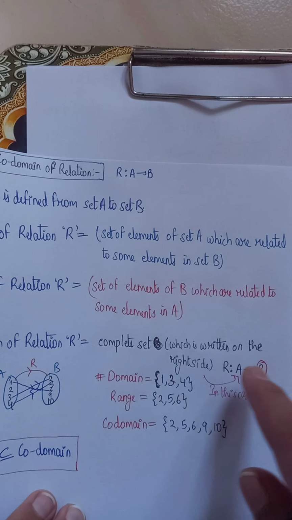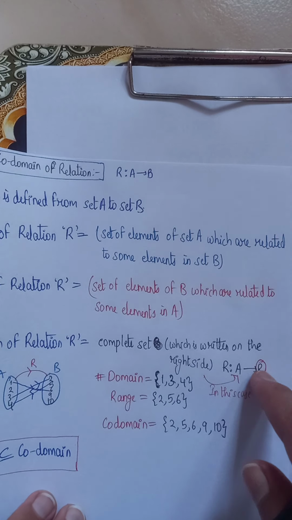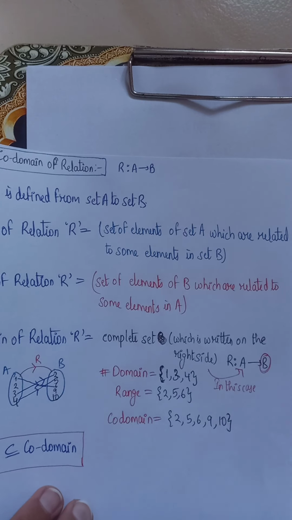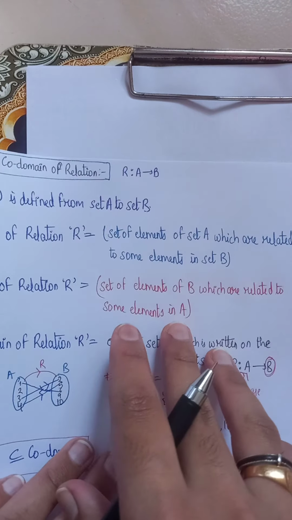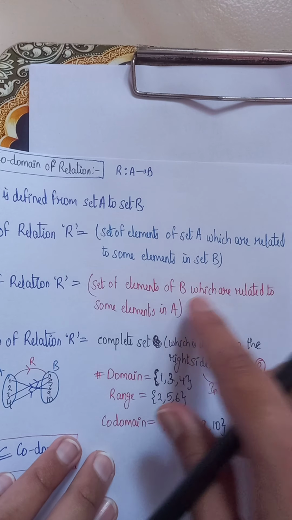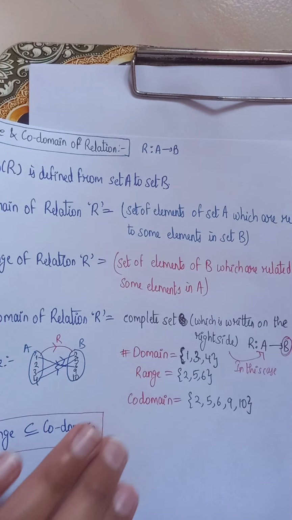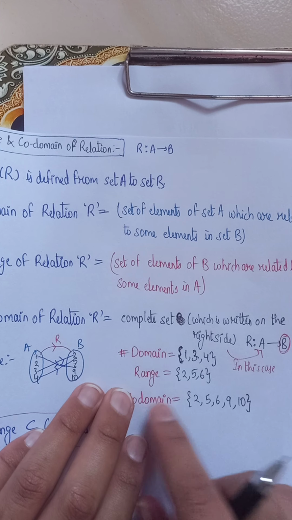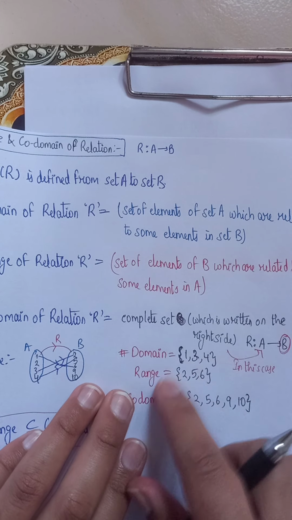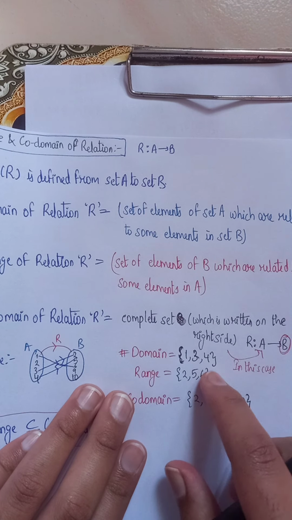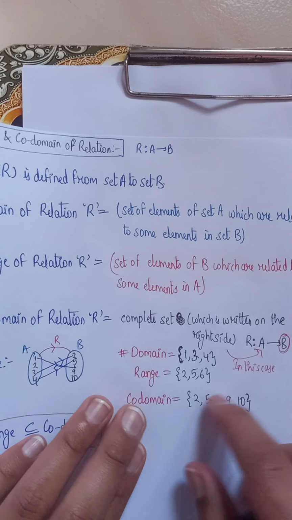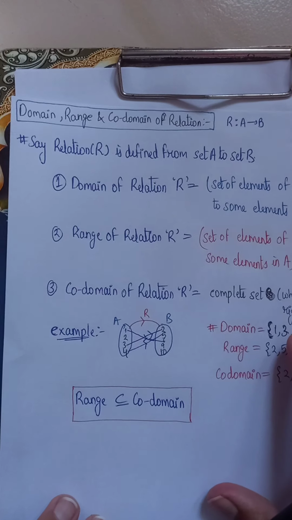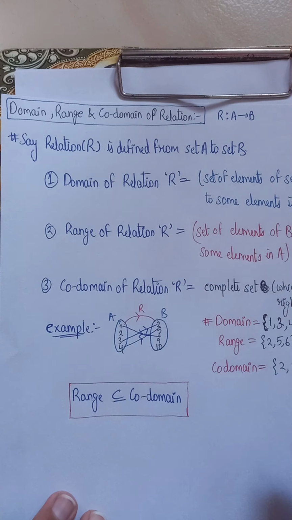See, the range elements are 2, 5, 6 and the codomain elements are 2, 5, 6, 9, 10. So all the elements present in the range are also present in the codomain. So range is a subset of codomain.